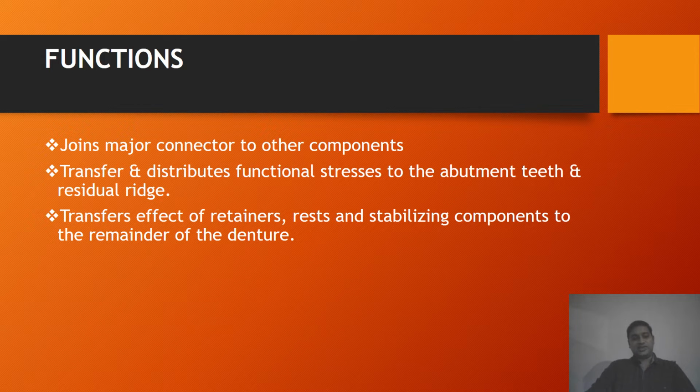The second function is to transfer and distribute the occlusal or functional forces to the abutment teeth and residual ridge. It also transfers the effect of the direct retainer, indirect retainer, and rest to the remaining components of the partial denture.